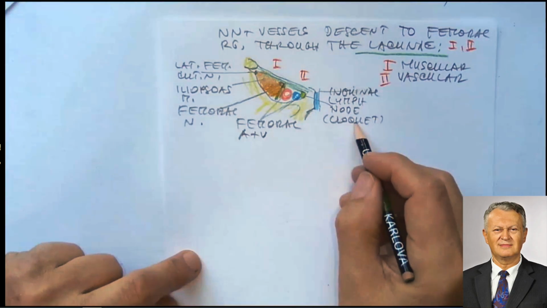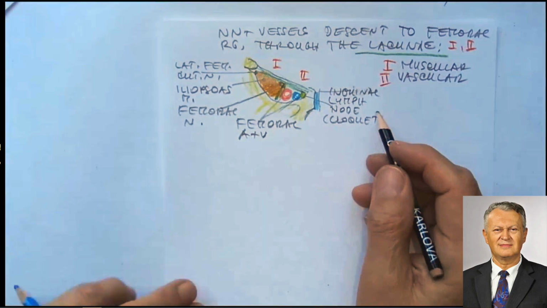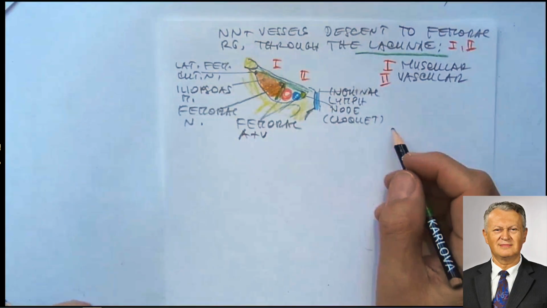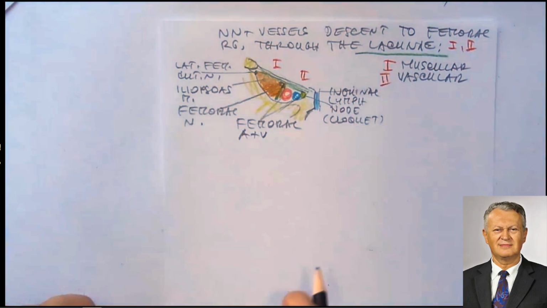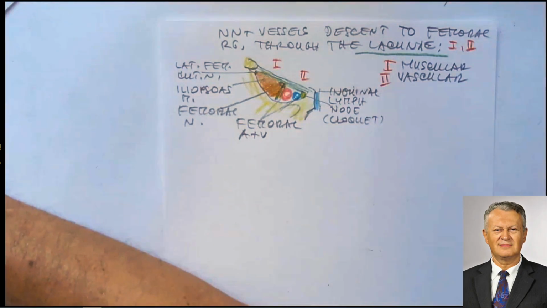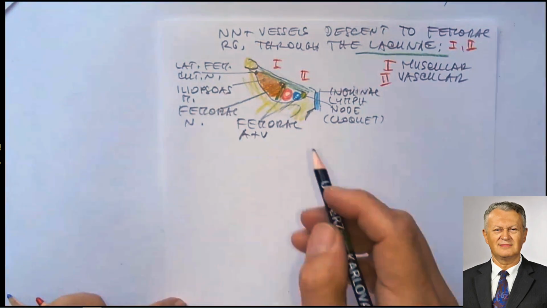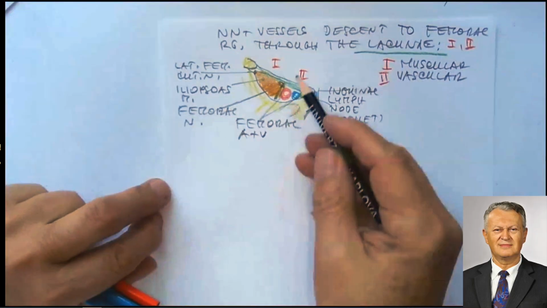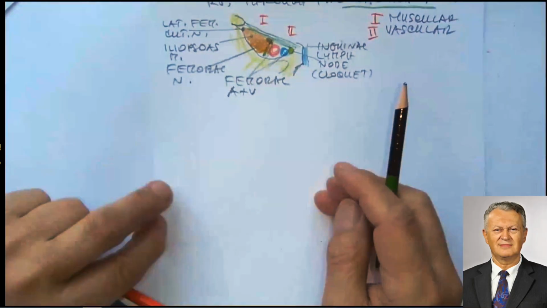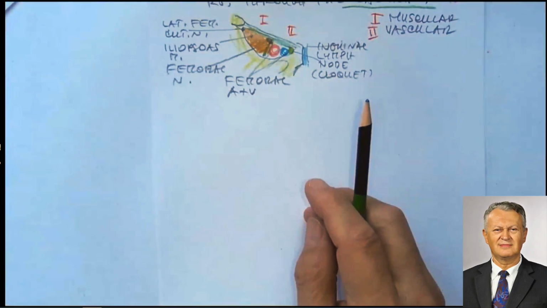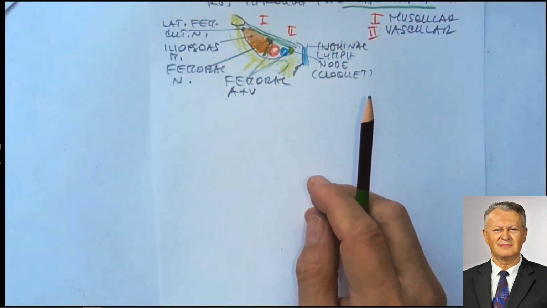Okay, Cloquet. Good. And then the thing is that through these lacunae descend the structures into the femoral region. Quite good.